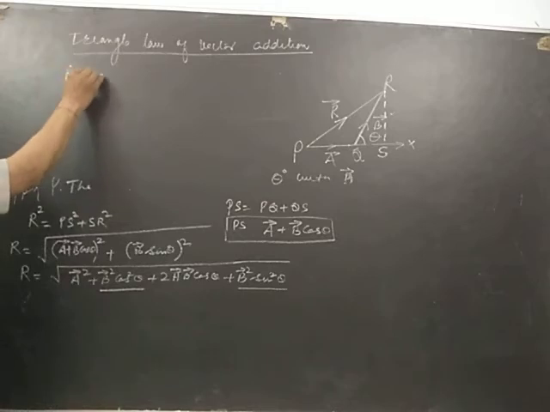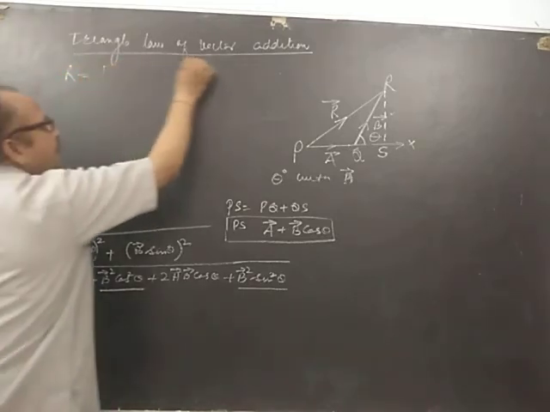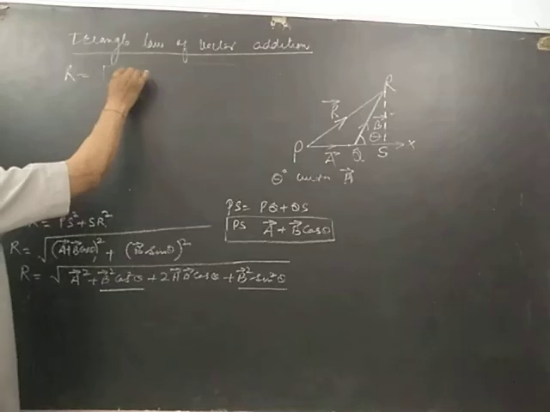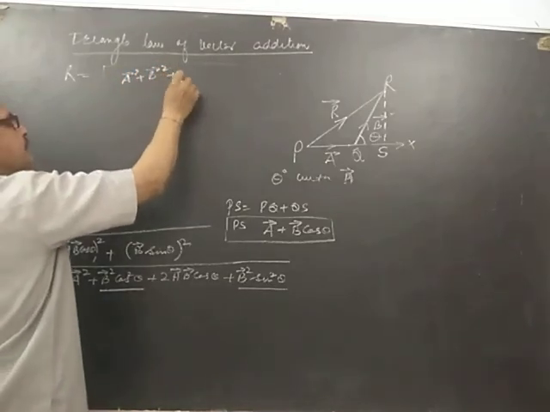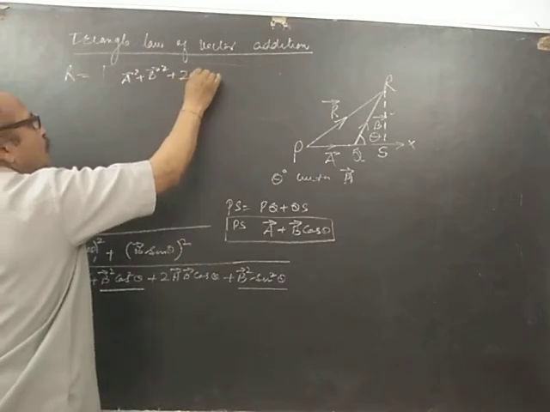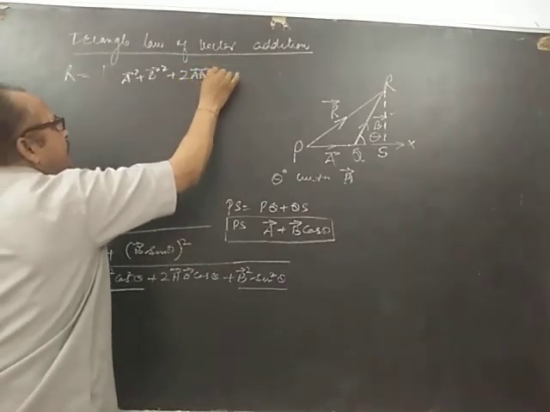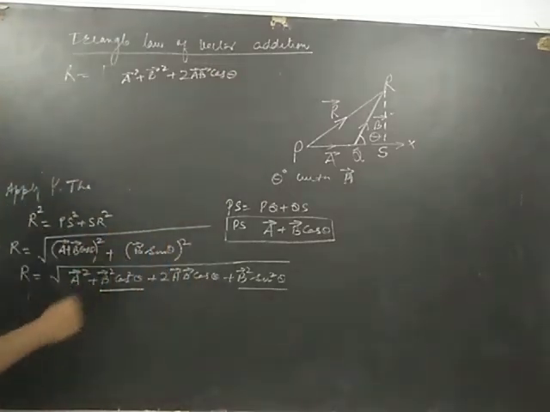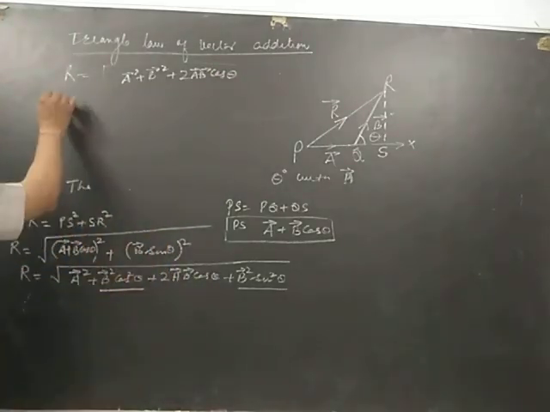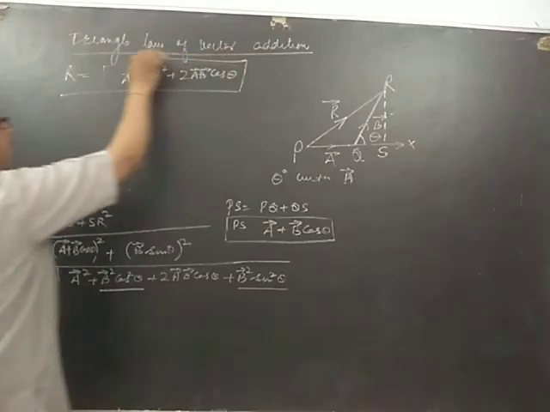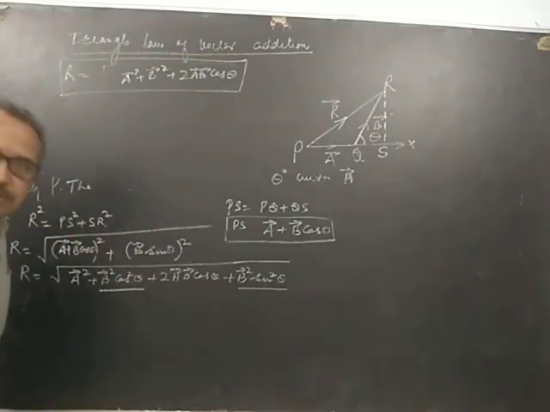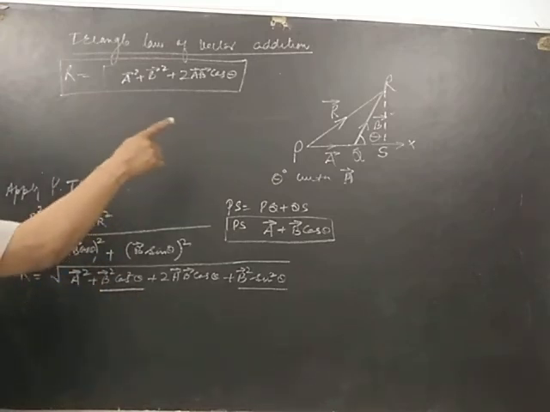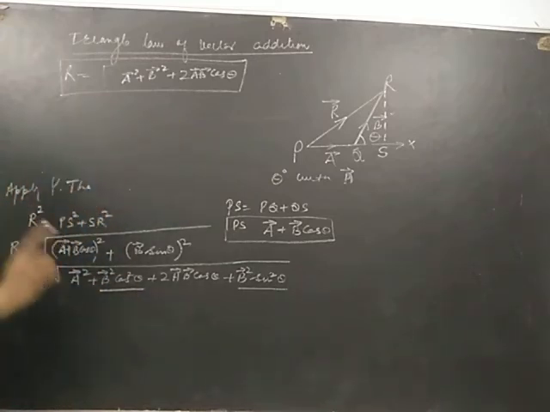So what will be my R is equal to under root of A square plus B square plus 2AB cos of theta. So this is the value of the resultant of the vectors A and B, which is this. Any doubt, my dear friends?